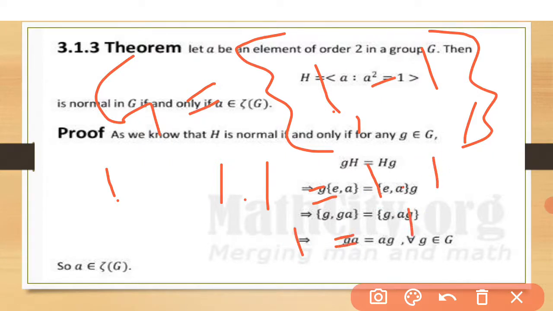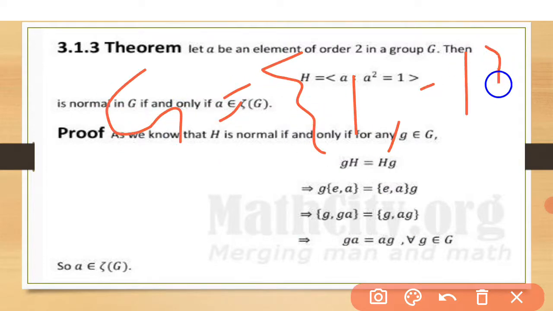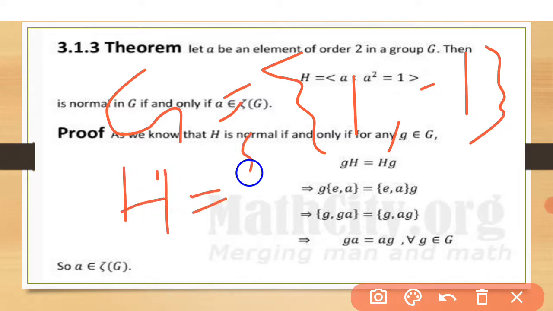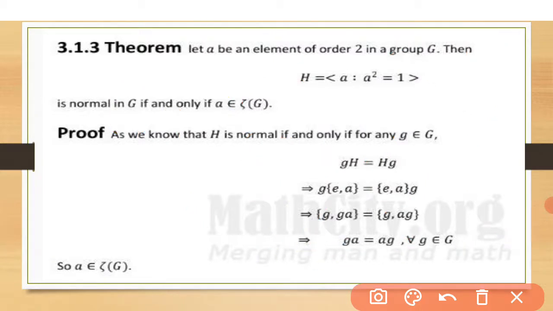If we get the same answer, it means that this one is in the center of G. If we multiply 1 by minus 1, and then minus 1 by 1, it gives us the same result, minus 1. It means that minus 1 is also in the center of G.